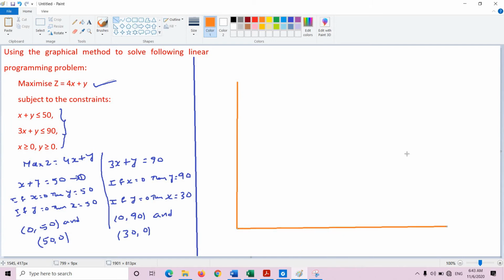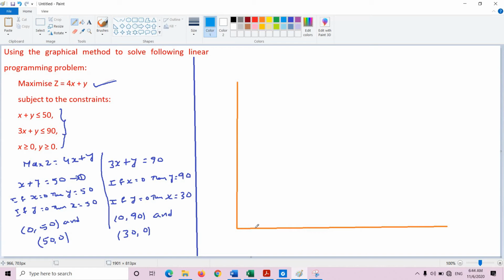We'll give labels to them. Listen here. In these coordinate points, for the x values we have 0, 50, 0 and 30. The maximum value is 50, so on the x-axis you have to label values up to 50. On the y-axis we have 50, 0, 90, so you require 90 as the maximum value. That is the reason we are labeling those numbers on the x-axis and the y-axis.